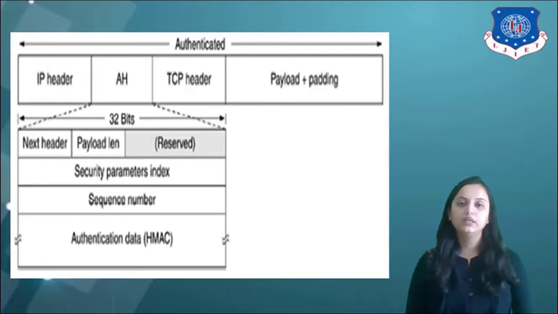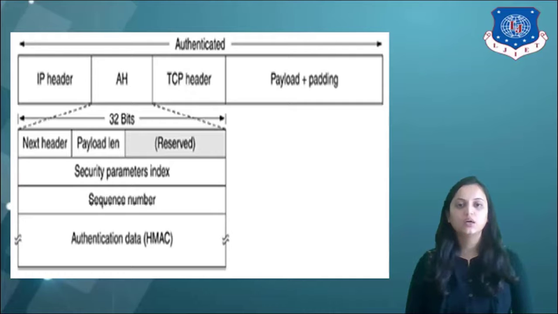Now, let us examine the IP header, TCP header, payload, and authentication header. To start with, first of all, we will examine AH, the authentication header, in detail because it has subfields. Here the first is the next header field, which is used to store the previous value that the IP protocol field had before it was replaced with 51 to indicate that the AH header follows.